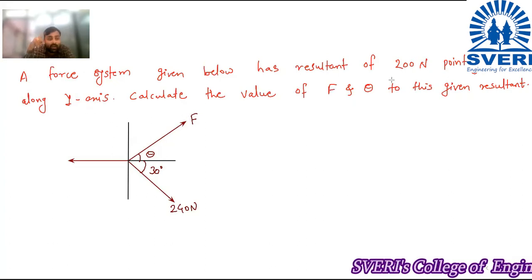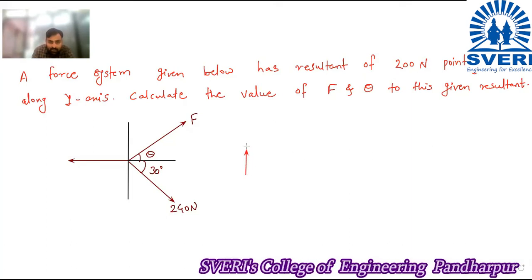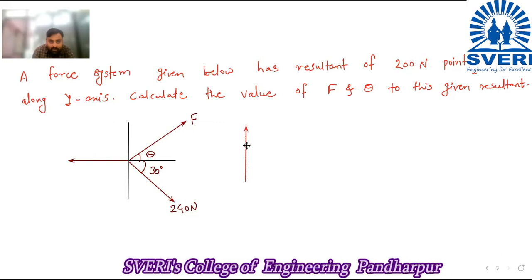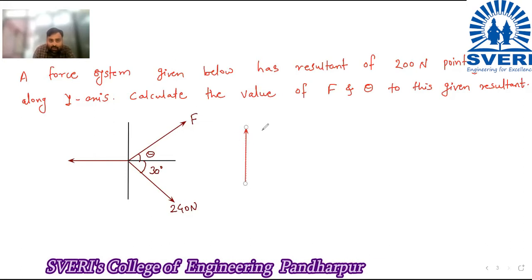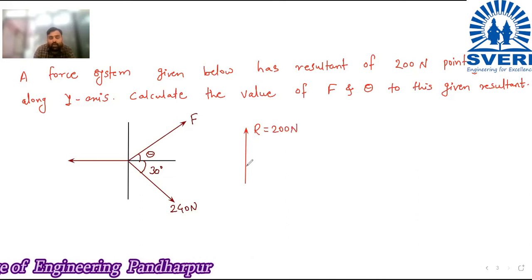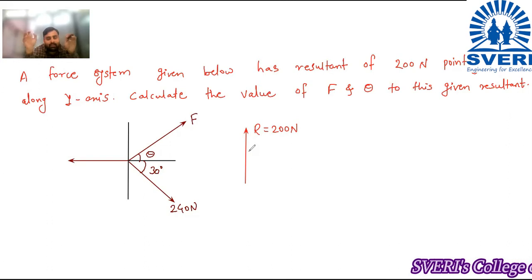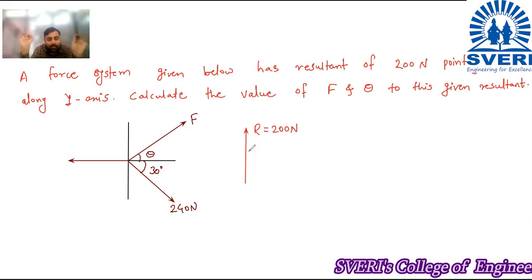Along the y-axis means vertical, and it is pointing up. So if I draw the resultant, then this is the direction of the resultant, and the magnitude of this resultant is given as 200 Newton, and it is moving up. So now I have told you already the 4 cases. Now in that, see, your resultant is along the y-axis. म्हणजे Fx ची व्हॅल्यू काय असायला पाहिजे?